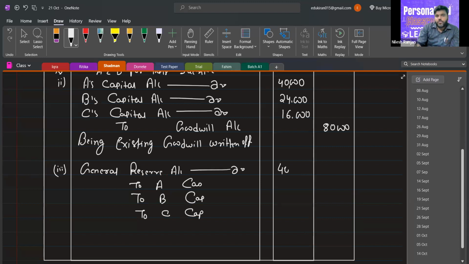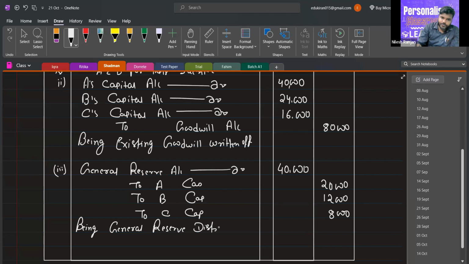So it is 40,000 general reserve: 20,000 will be A's share, 12,000 B's share, and 8,000 C's share, being general reserve distributed. So this is your solution. Okay, sir.